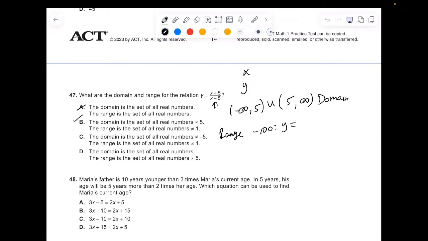That's true. Domain is set to all real numbers not equal to negative 5. That's wrong. Okay. The range is set to all real numbers not equal to 1. Oh. Okay. Perfect.